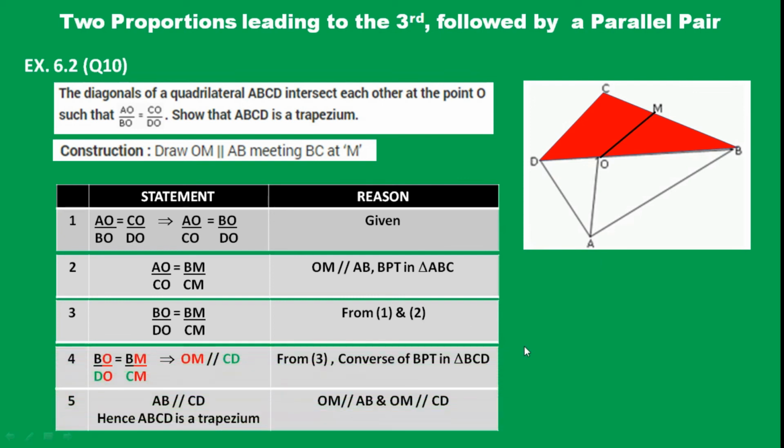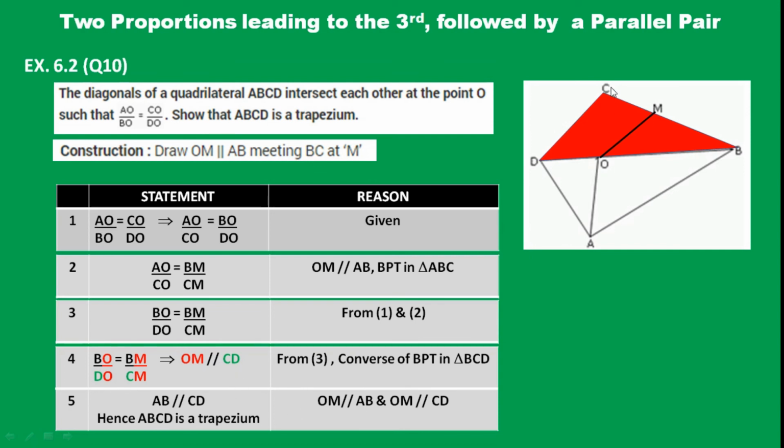Implies we have now OM parallel to CD, which is a converse of BPT in the red triangle. Again, observe OM becomes OM parallel to CD over here.